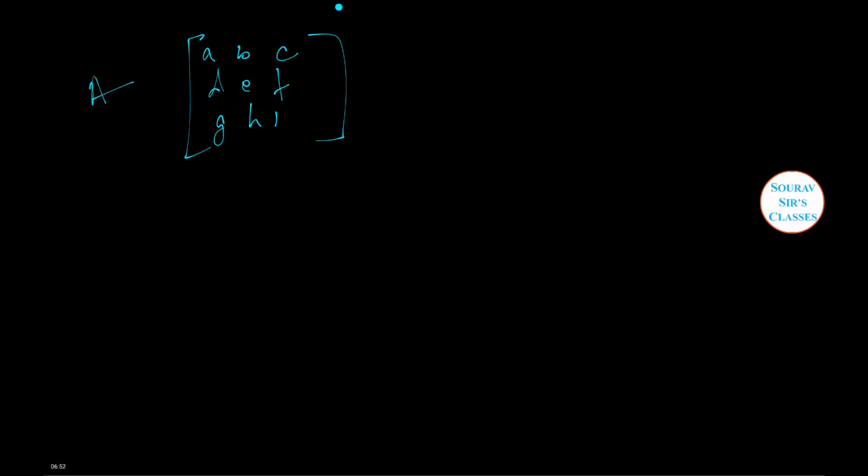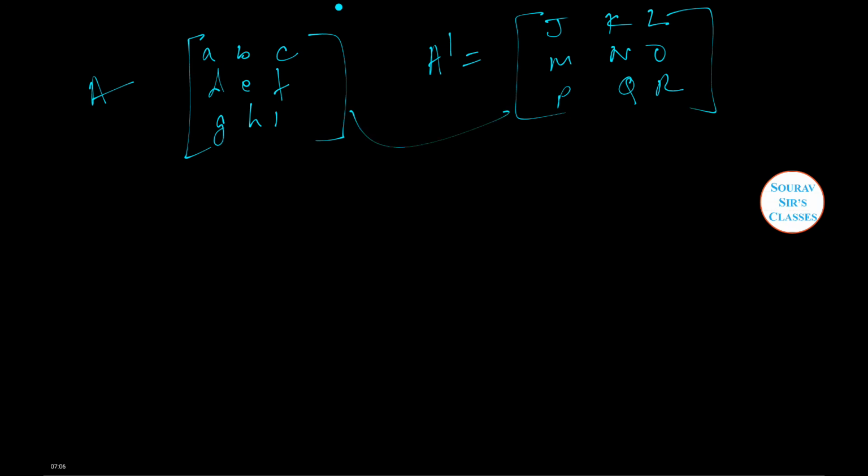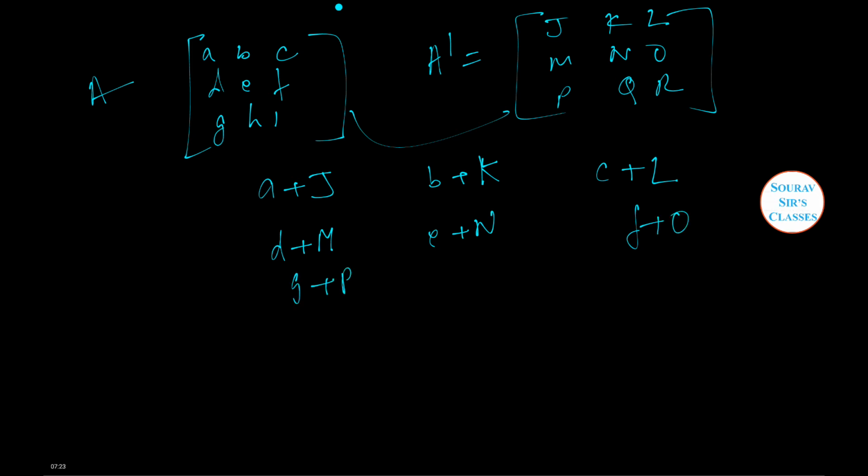Let us name it A, and another matrix A dash be J, K, L, M, N, O, P, Q, R. Now if we add these two matrices, we'll get A plus J, B plus K, C plus L, D plus M, E plus N, F plus O, G plus P, H plus Q, I plus R. Each of the corresponding elements are added together.